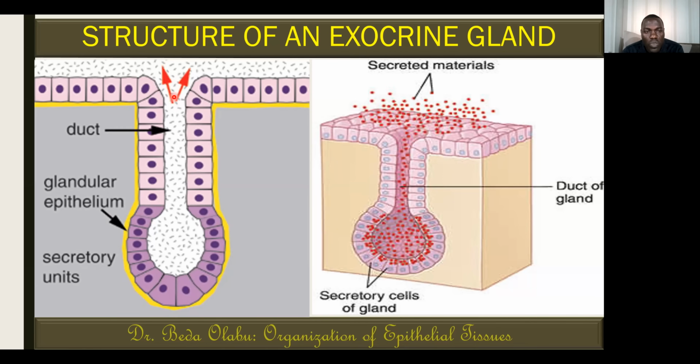The ductal portion being the part that transports the secretions from the secretory portion to an epithelial surface, as you can see. I mentioned to you that glandular epithelium will tend to be simple cuboidal, and now you understand. Okay, this could be either cuboidal or columnar. They both apply.